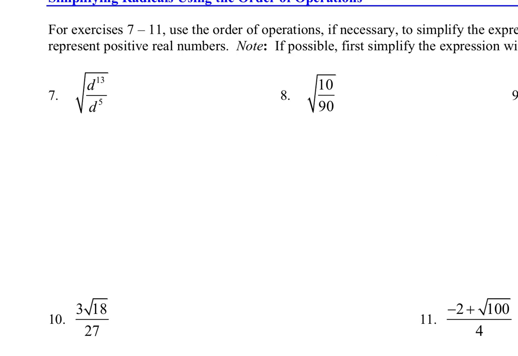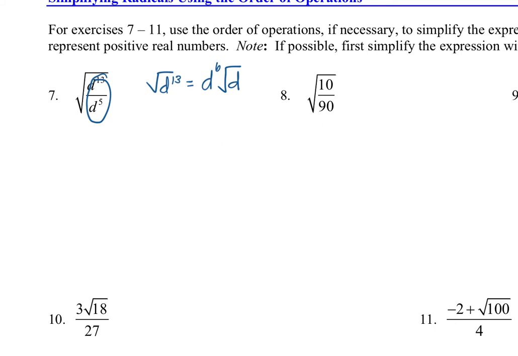Before I start saying that the square root of d to the 13th is equal to d to the, 2 goes into 13, 6 times with 1 left over, let's see if we can simplify the inside first.